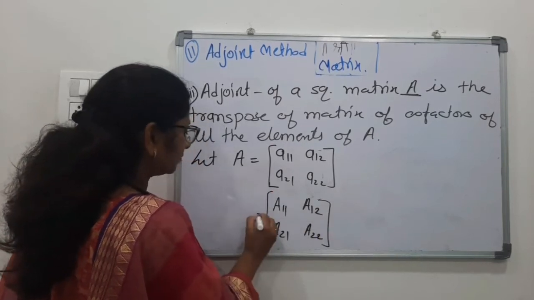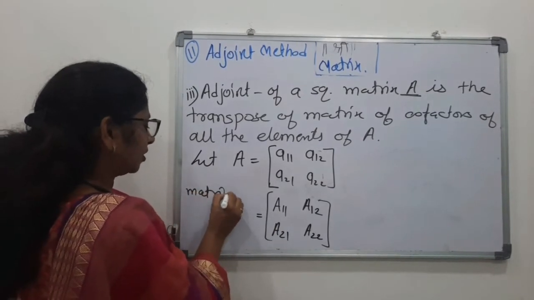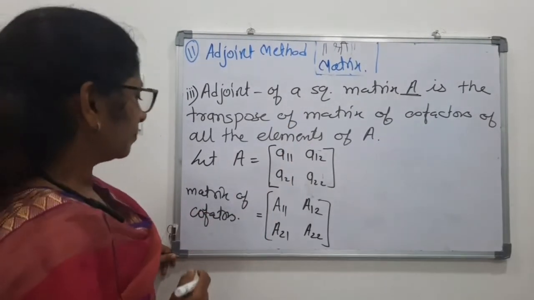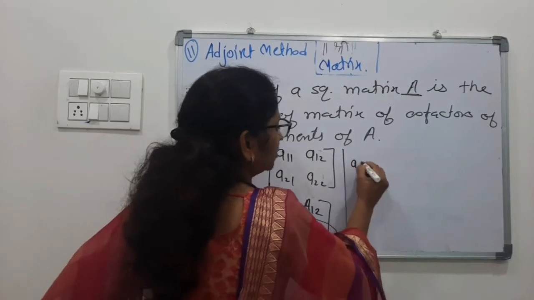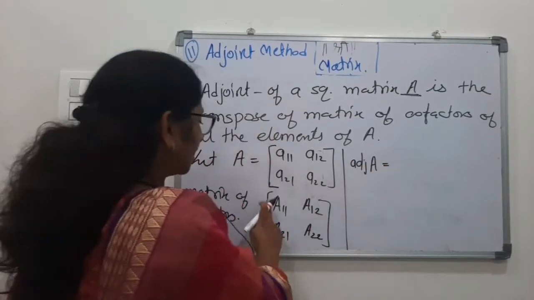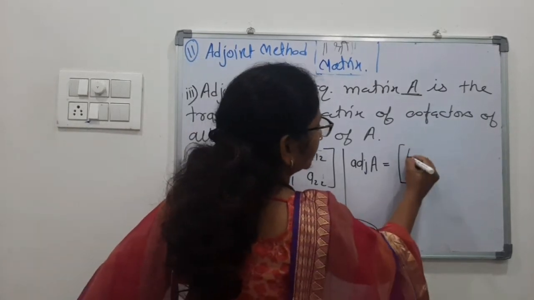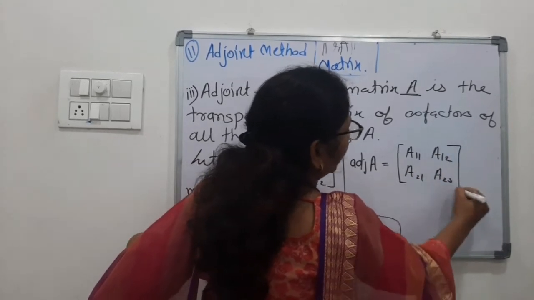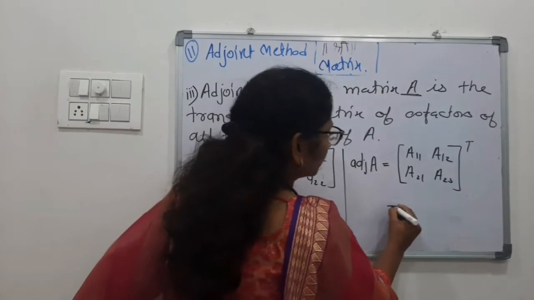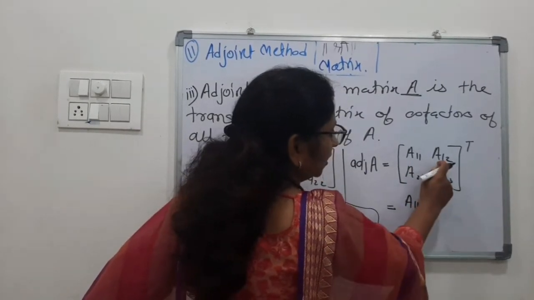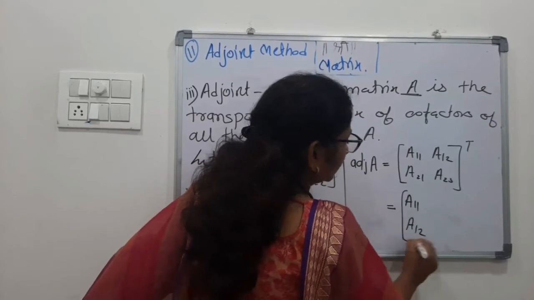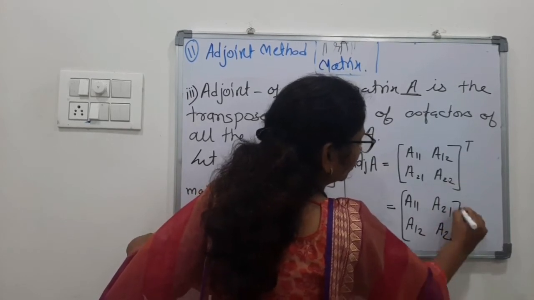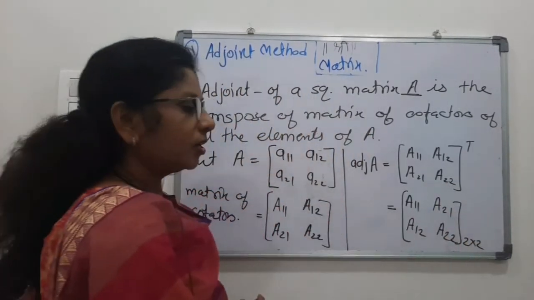So this is the matrix of cofactors of all the elements of A. The adjoint of A is the transpose of this matrix, that is A11, A21 in the first row and A12, A22 in the second row. So this will also be a matrix of order 2 by 2.